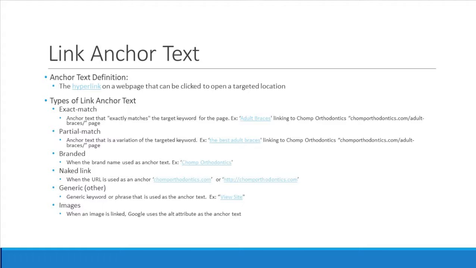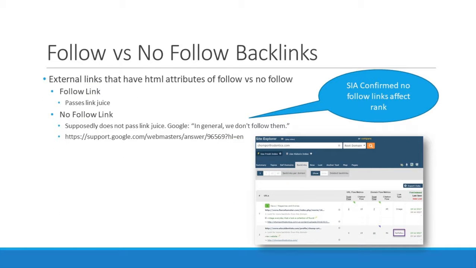Now, the two types of links: you've got follow versus no follow backlinks. Internally, we can do both to our pages. Externally, we can have both come in. A lot of times with citations, it's going to be a no follow. A follow link passes link juice, and we're going to talk about what link juice is. A no follow link supposedly does not pass link juice, and Google stated that in general they don't follow them.